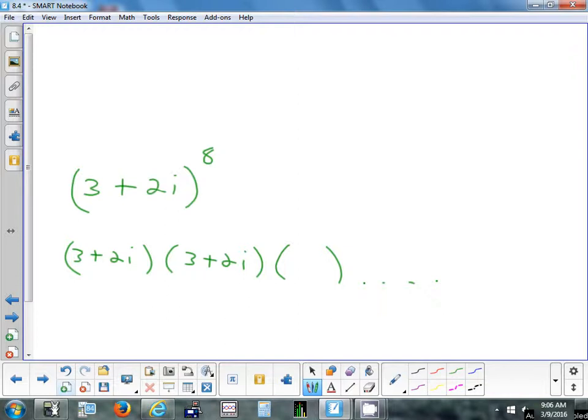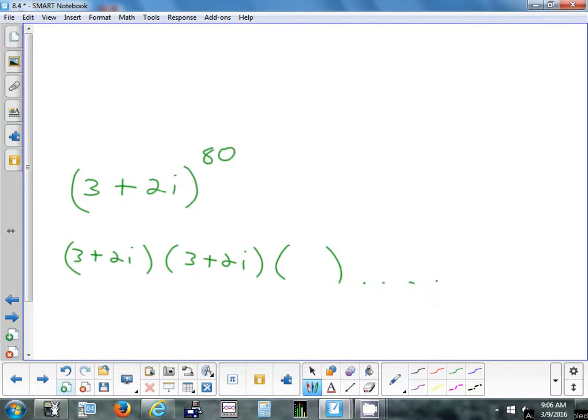There'd be tons of multiplications, tons of combining like terms. Chances of making a mistake doing something like this are pretty high. Even worse, if I asked you to do something to the 80th power, now you'd have to write 80 sets of parentheses, and it's almost impossible to not make a mistake.